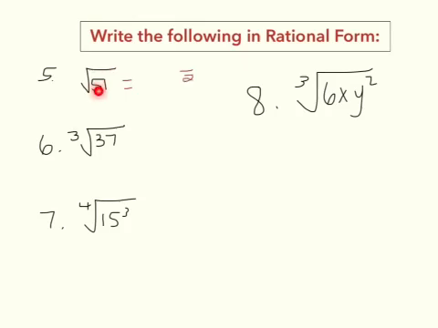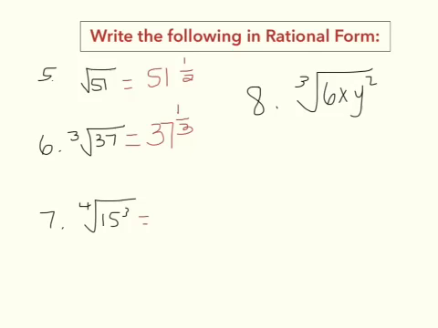Whatever's underneath the root, or the radicand, that's what your base is, so that becomes 51. And then whatever this power is, in this case it's just 1. So the square root of 51 becomes 51 to the 1/2 power. Over here, the cube root of 37 is going to be 37 to the 1/3.